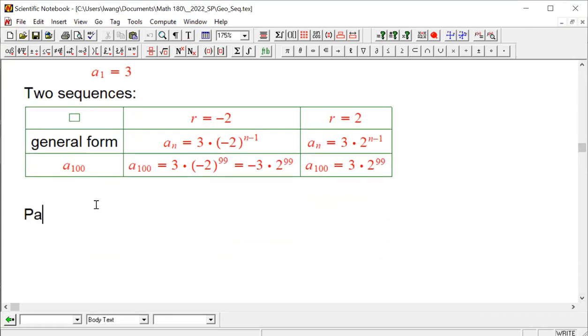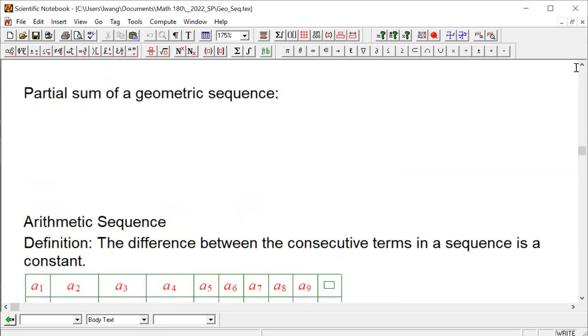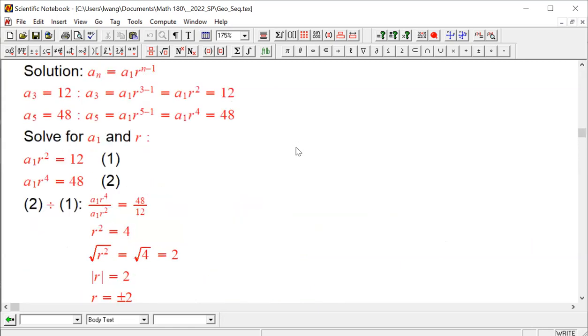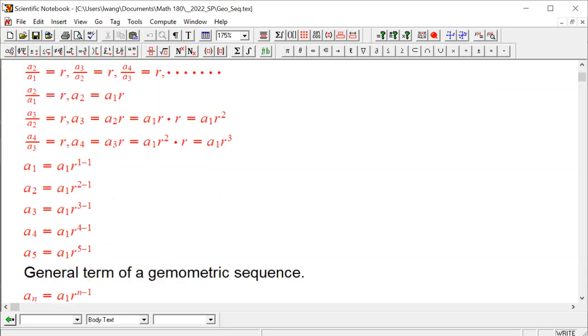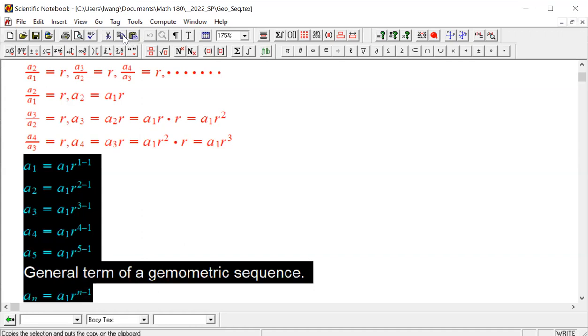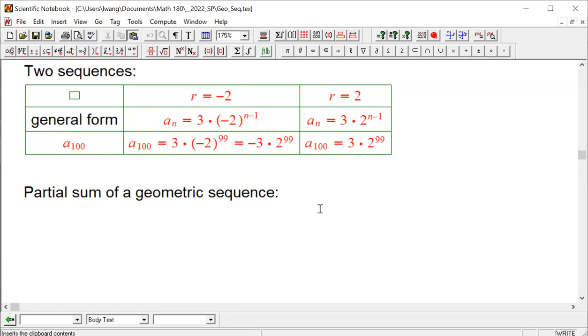We understand the meaning, it's just the partial sum. So if we have a geometric sequence, let me pull out the general term. That's our geometric sequence.